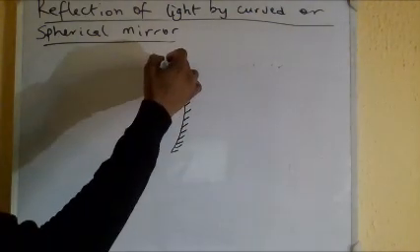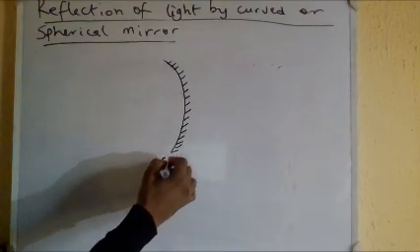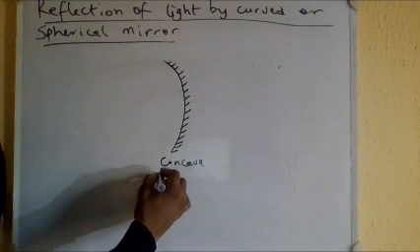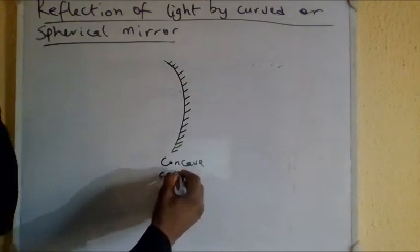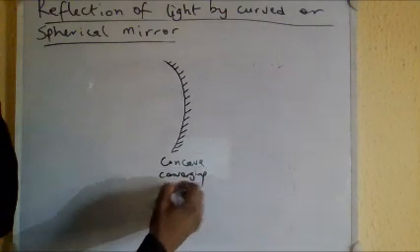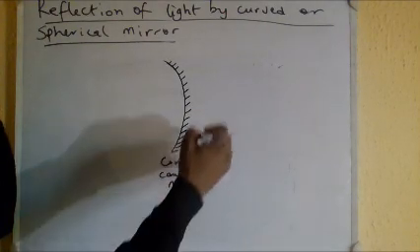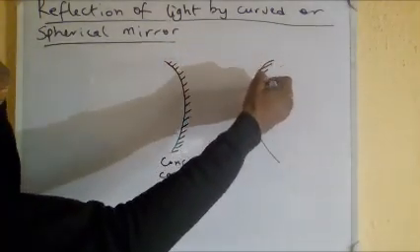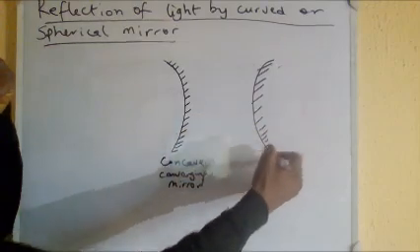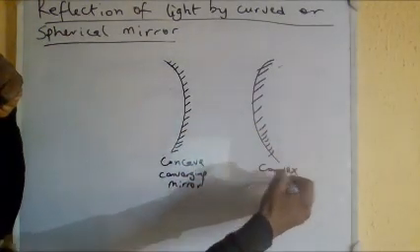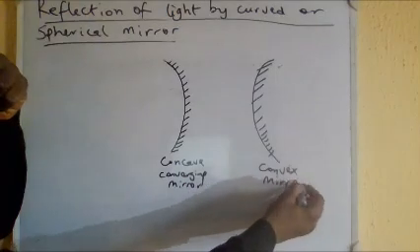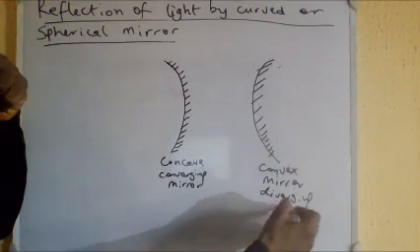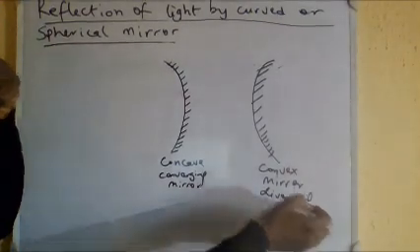This one that is curved inward is the concave mirror or the converging mirror. And the one that is curved outwardly like this is known as the convex mirror or the diverging mirror. So these are the two kinds of mirror that we have.